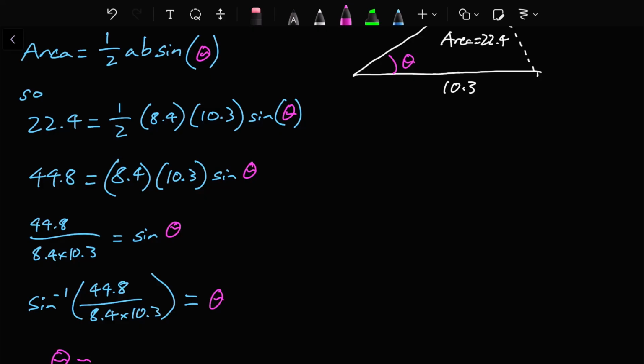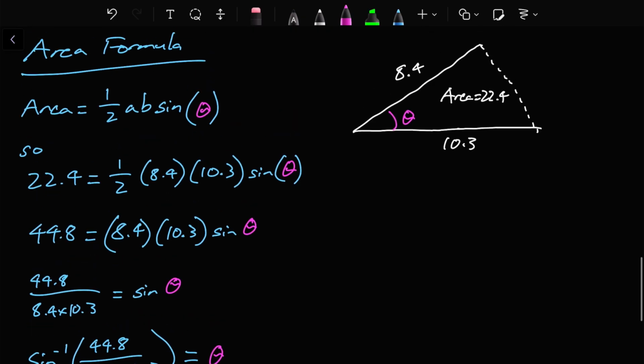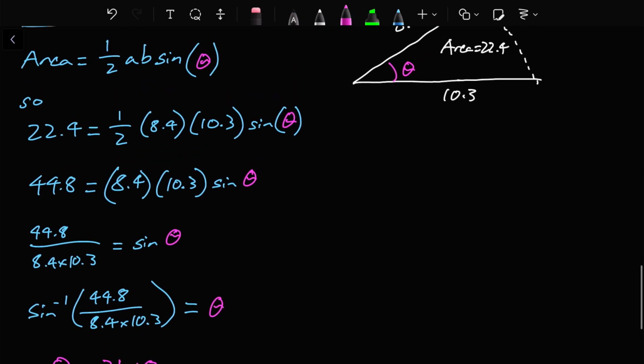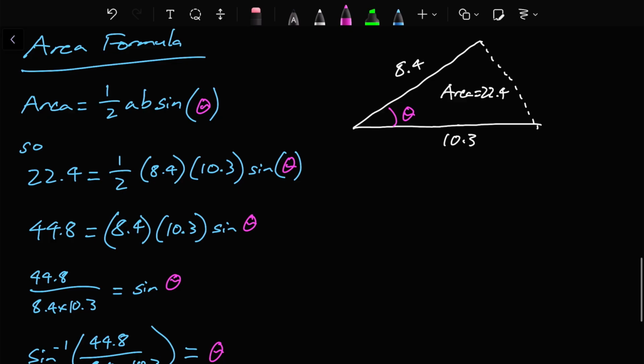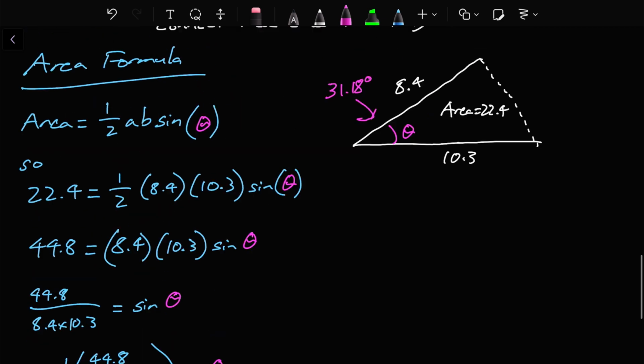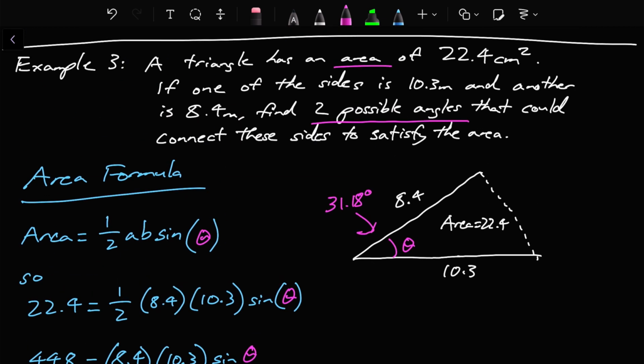Order of operations matters. So theta is roughly about 31.18. Okay, now that's one angle. Makes sense, right? 31.18 makes sense that it's the size of this angle in here. 31.18 degrees.